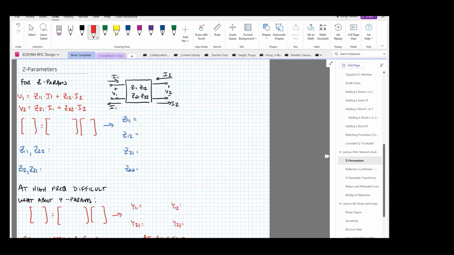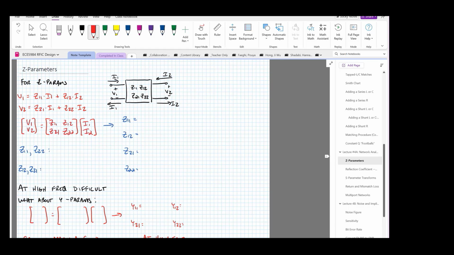We can write this in matrix form. Essentially, we have a response matrix V consisting of voltages, a stimulus matrix consisting of currents, and our network matrix that tells us how the voltages and currents relate to one another.